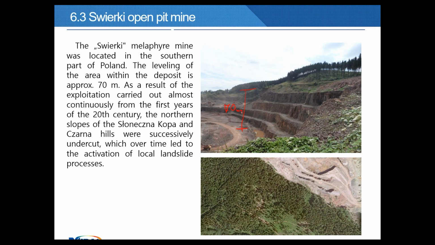And as a result of the exploitation carried out almost continuously from the first years of the 20th century, the northern slopes of Słoneczna Kopa and Czarna hills were successively undercut, which over time led to activation of the local landslide process.